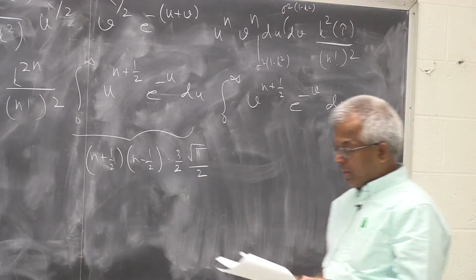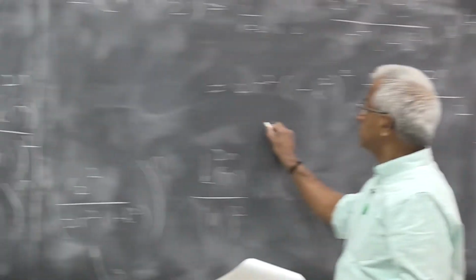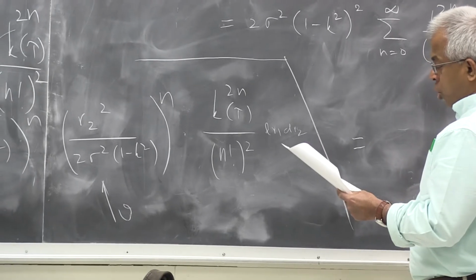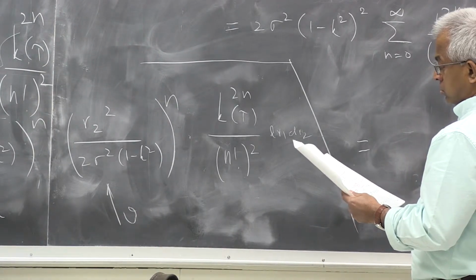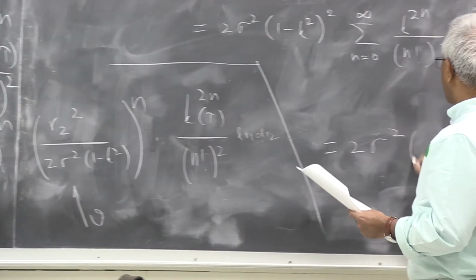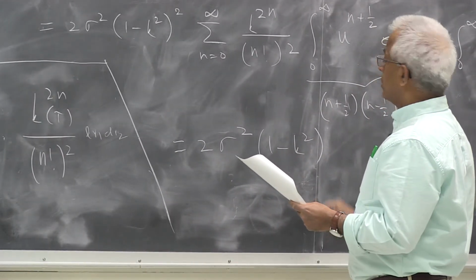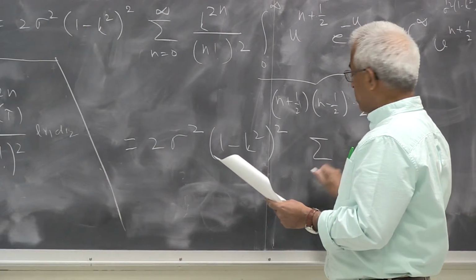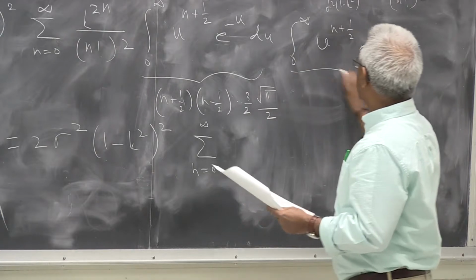And consequently, we are almost there. This quantity will now be two sigma squared 1 minus k squared, the whole squared, multiplied by summation n equal to 0 through infinity. This term repeats twice.